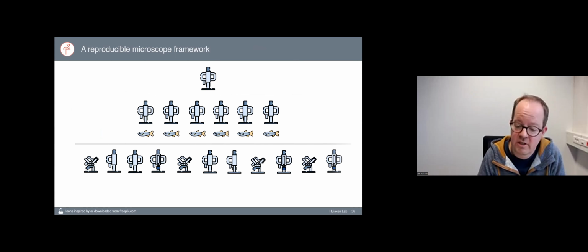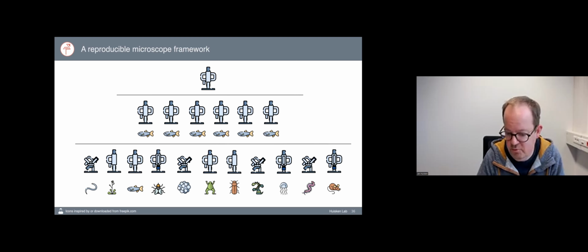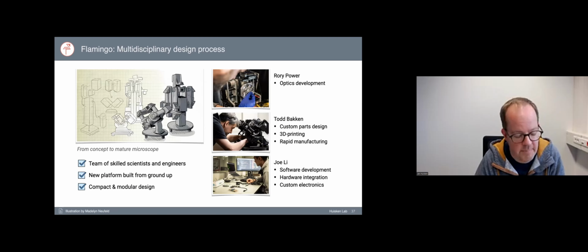However, if you can change the configuration of the microscope at the same time, that would, of course, open up the door to do different experiments, maybe even with different organisms, still using the same framework, the same modular components of such a microscope. And that's exactly what we did.